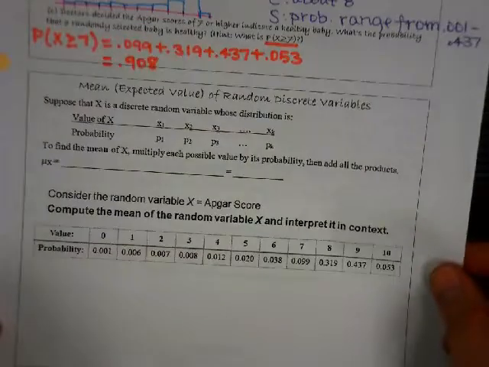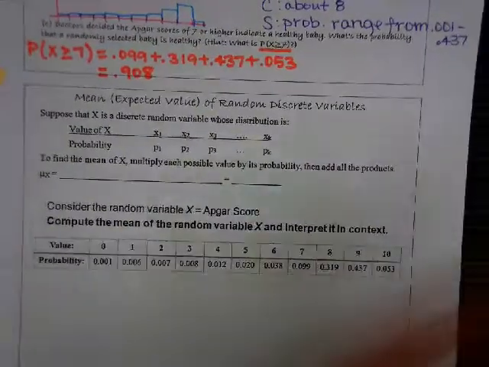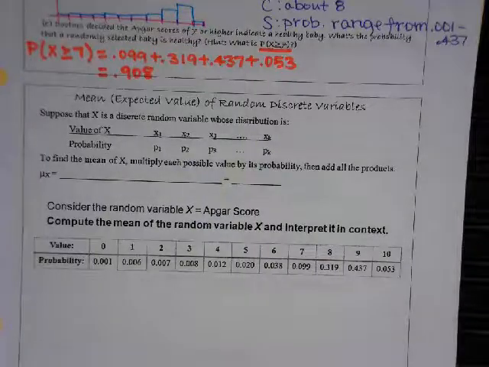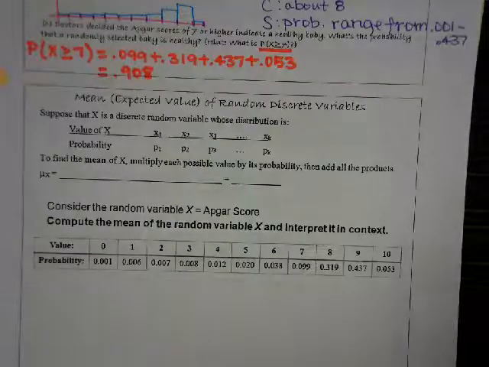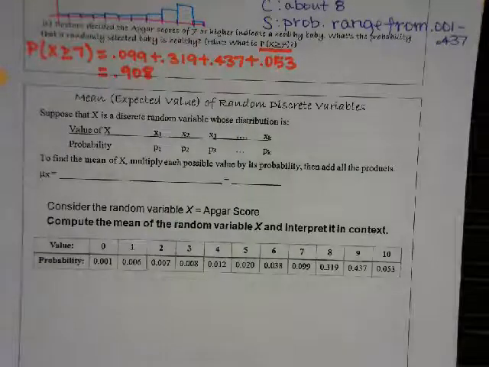First I'm going to show you how they get the formula. Like I said, this formula is on the formula sheet, so I want you to understand where it comes from. Then I'll eventually show you the shortcut. But I want you to know when you see a formula on the formula sheet what it means, so you're not like, oh, she never taught us that.